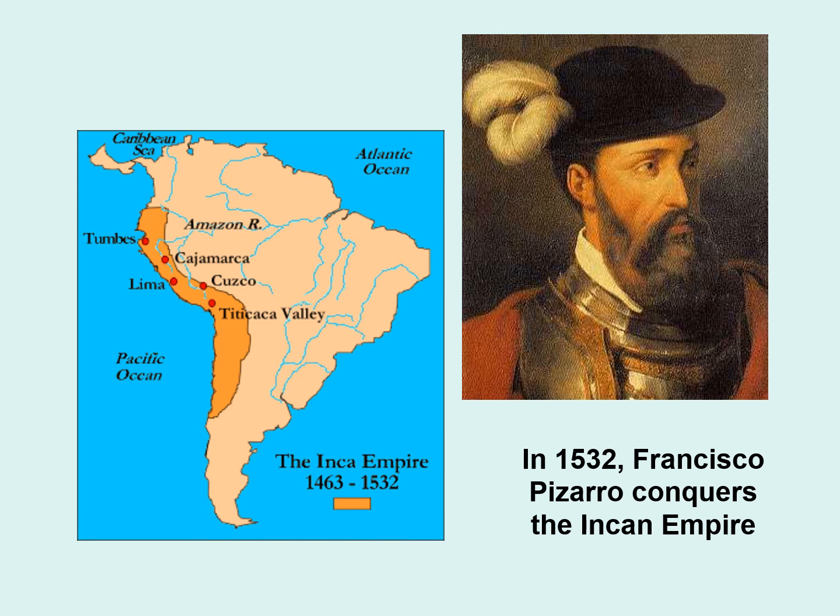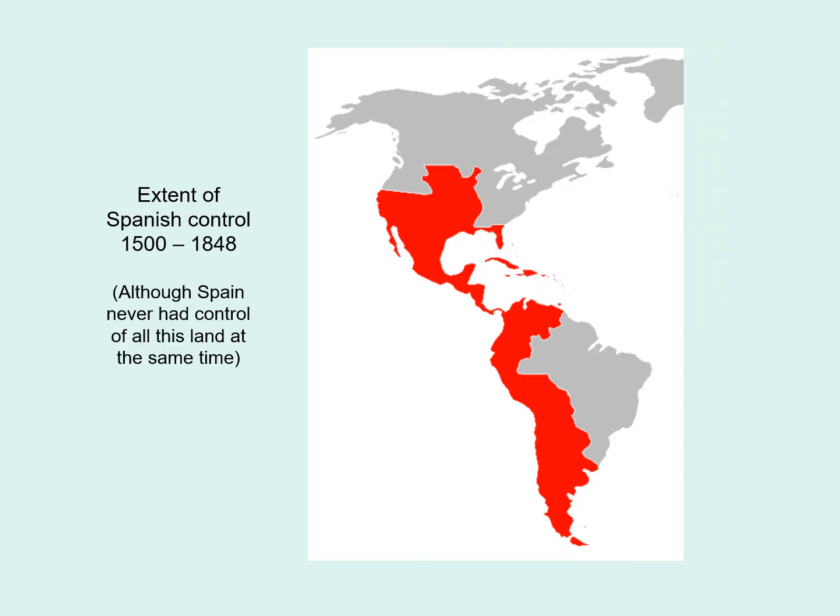So with a base of operations, in a sense, in Central America here, and South America here, the Spanish are eventually going to be taking control of a great deal of territory.